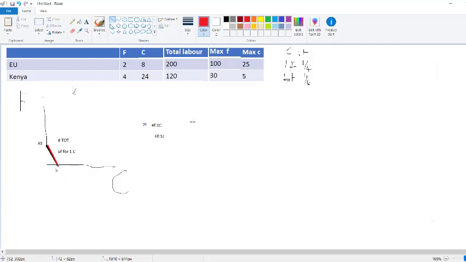Okay. So let's move on to the EU, still under autarky. If we had drawn the EU line, same axis, we're not changing the axis. We're still having carbon here. We're still having food here. What is the maximum carbon they can produce? This is for the EU.